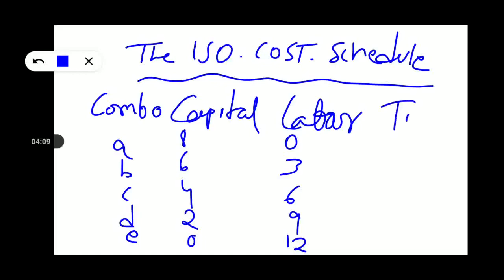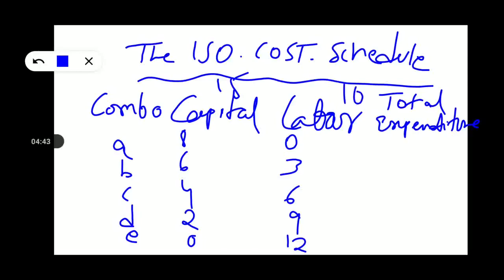Total expenditure. Here it is given that the cost of capital is 15 per unit and the cost of labor is 10 per unit. 8 into 15 is 120. Similarly, 6 into 15 plus 3 into 10 is also 120.